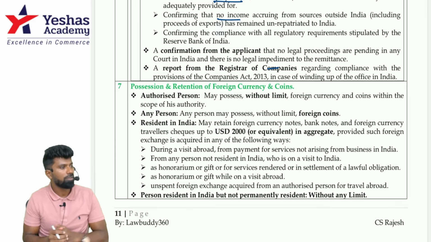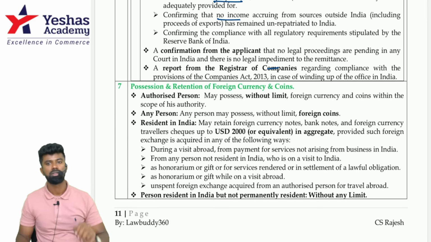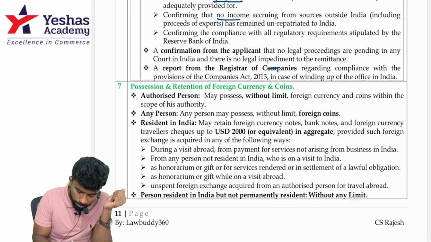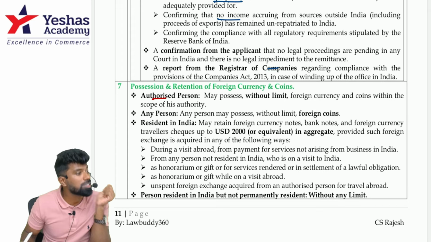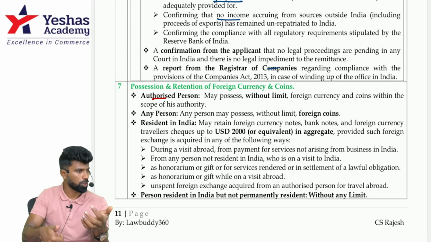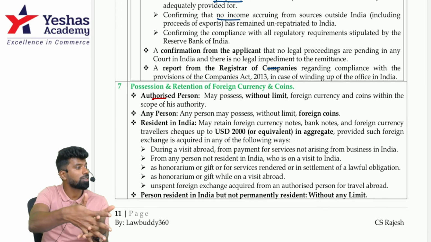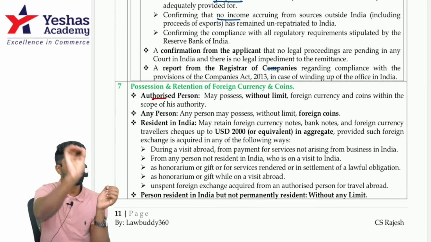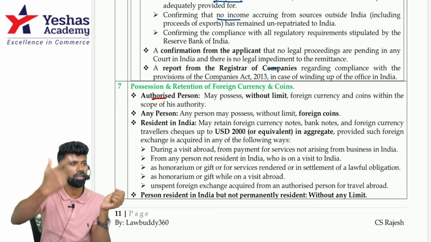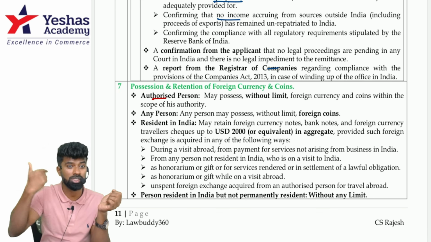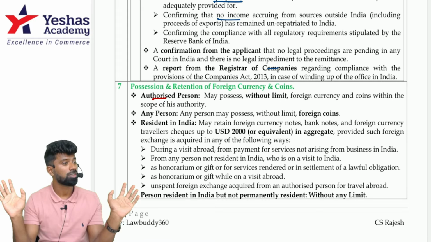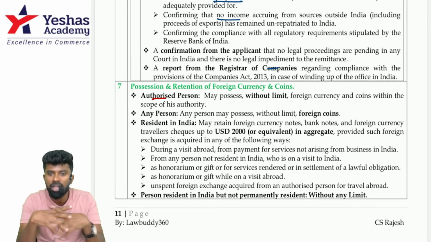Simple, say simple. We have four categories. How many categories? Four categories. What is the first one? An authorized person, whose work is to deal with foreign exchange, so an authorized person can keep both foreign exchange as currency notes as well as coins, without limit.